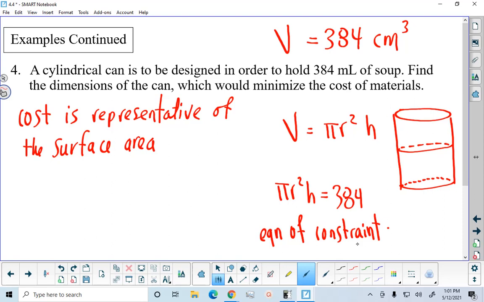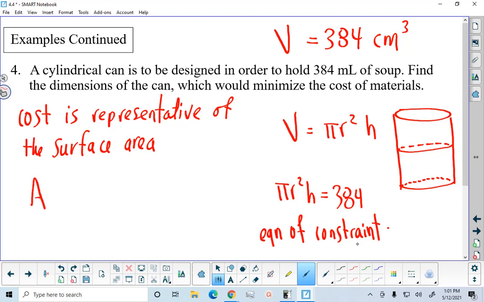If we make the surface area as small as possible, whatever the cost per unit area will be as small as possible for a total cost. It doesn't matter how much it is for each little piece. If the total of the pieces are smaller, then the cost will be smaller. So we're going to come up with a formula for surface area.